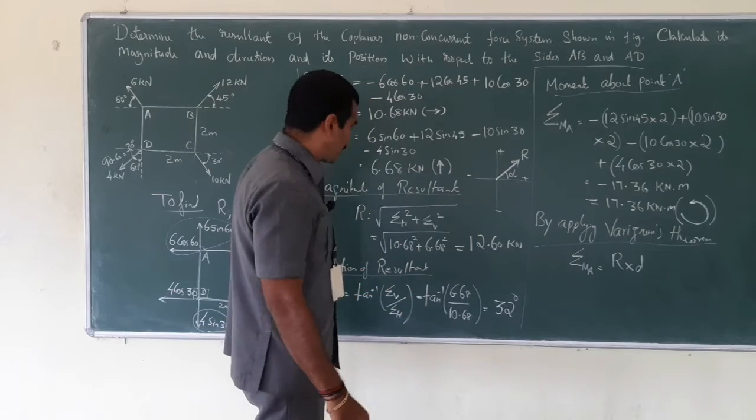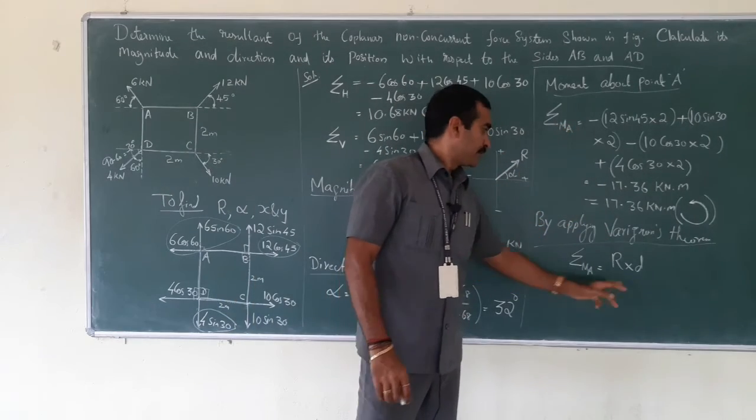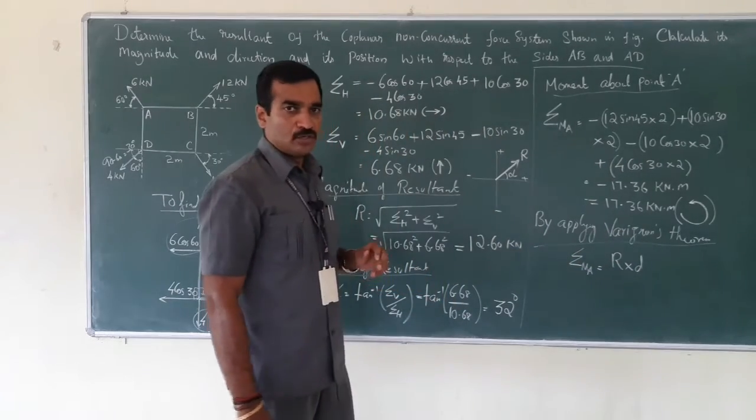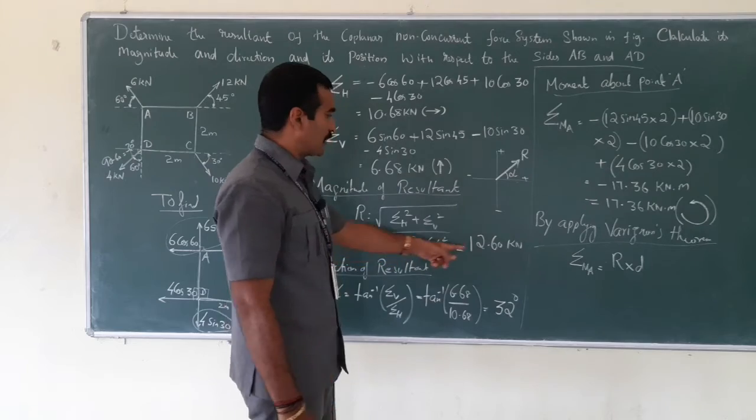So now the summation of moment value is known and D value we can arrive at, because the resultant value is already known.